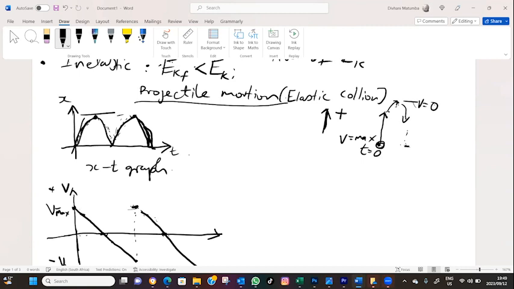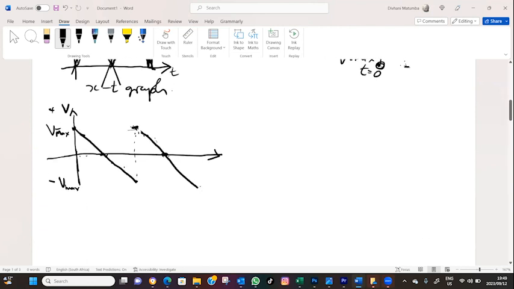And also there as well, 0. The slope there is a minus, but it's maximum. Then it changes the slope all of a sudden, and then it becomes positive. Now the slope of the velocity time graph will give you the so-called acceleration.